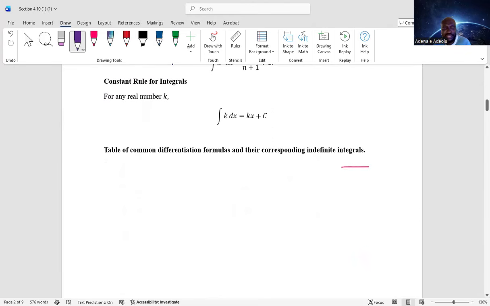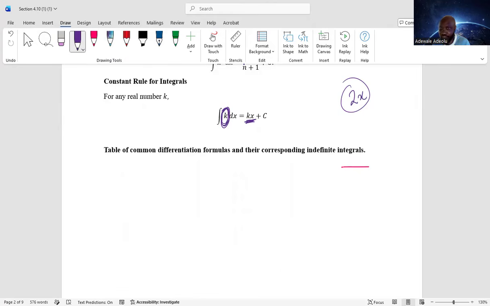There is also a constant rule for integrals, which is when we are integrating a constant. If I ask you to give me a function such that when I take its derivative, my answer is 2, you will tell me maybe something like 2x.